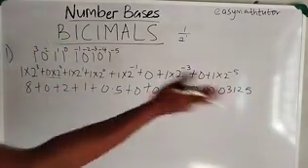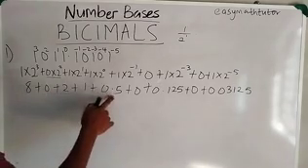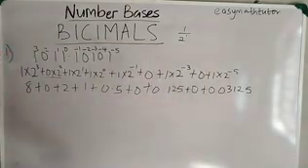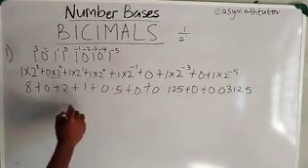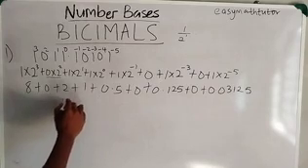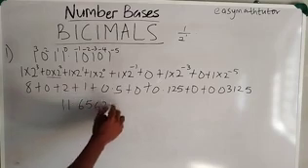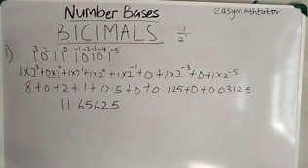So what we need to do is to add up all these numbers, all right? This is 8 plus 2 plus 1 plus 0.5 plus 0.125 plus 0.03125, all right? So that's going to give me 11.65625. Remember to punch this in your calculator so you don't need to cram how it was gotten.